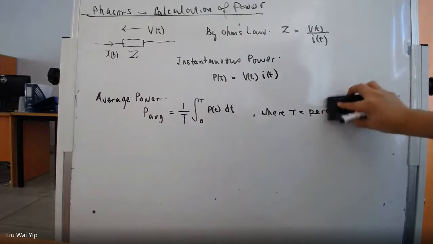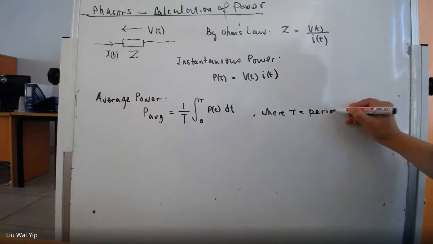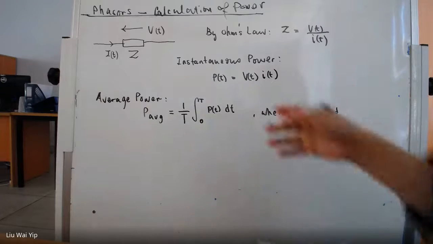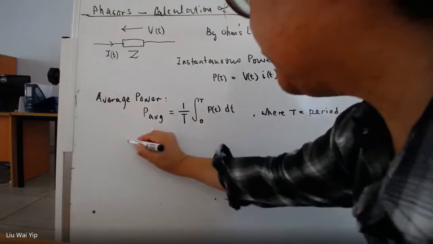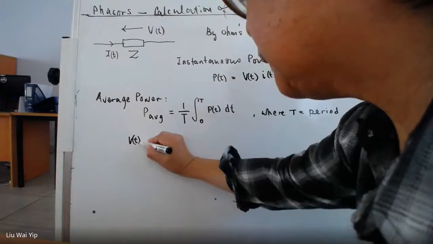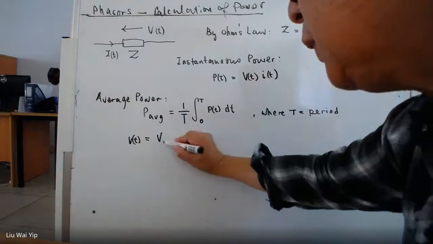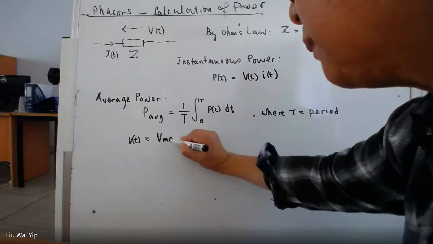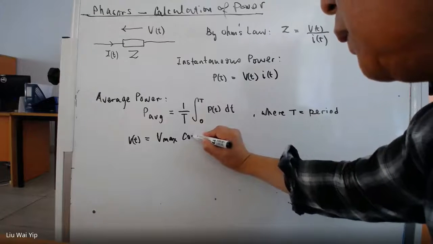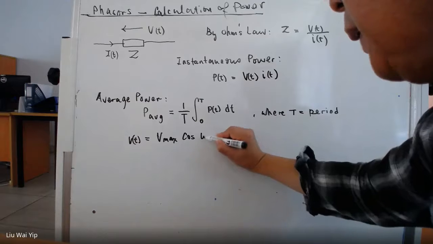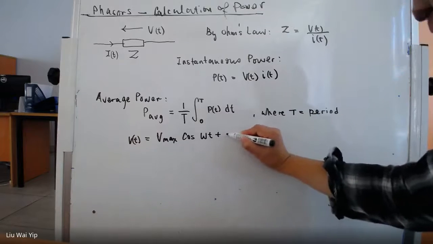Now, in this case, we have the formula here. Now, suppose Vt is V max times cos omega t plus say alpha.